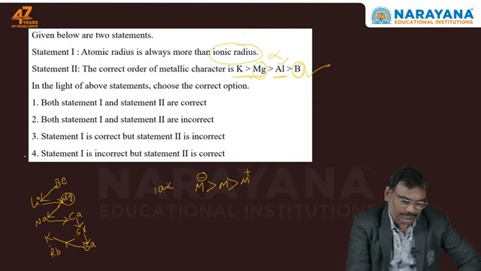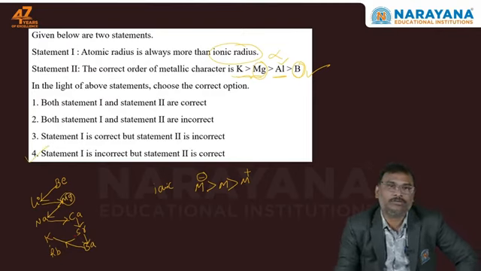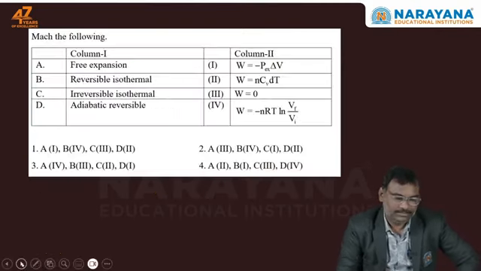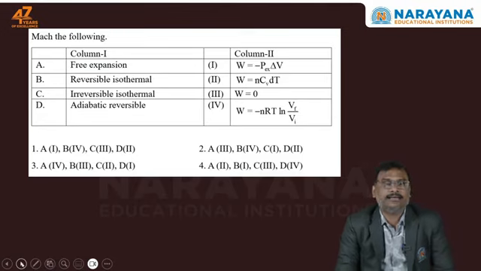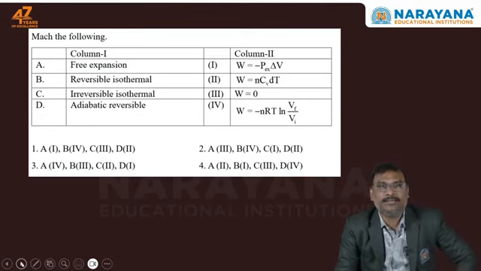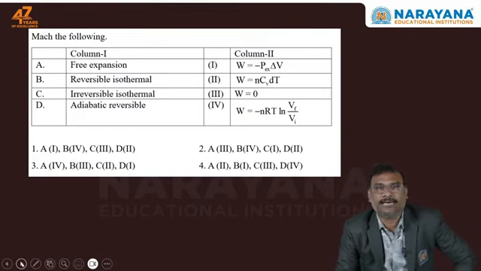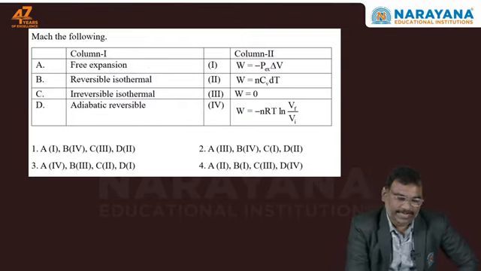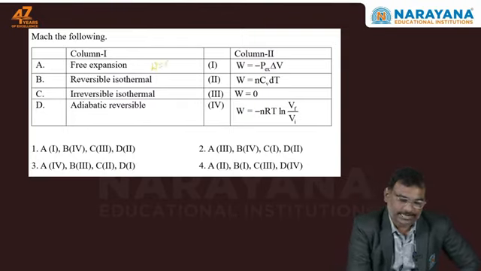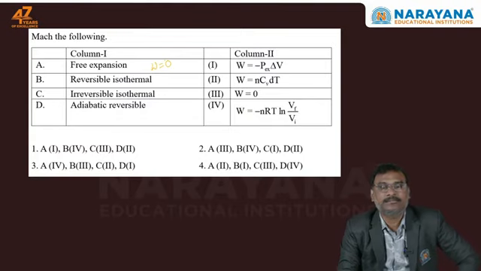Now go for the next question, students. Here this match the column is about different types of thermodynamical processes versus work done. If you see, free expansion, work done is equal to 0.